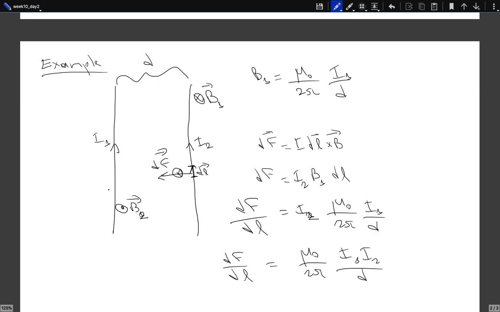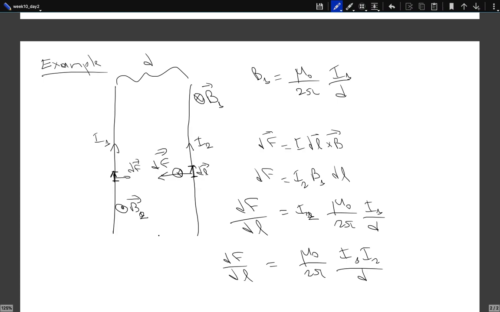So if we just take a dl over here, another very small segment of the first wire, what will be the direction of the force? Well, this is dl. B is pointing towards you. So this is my thumb. So the force will be in this direction. So both of them will feel an attractive force.